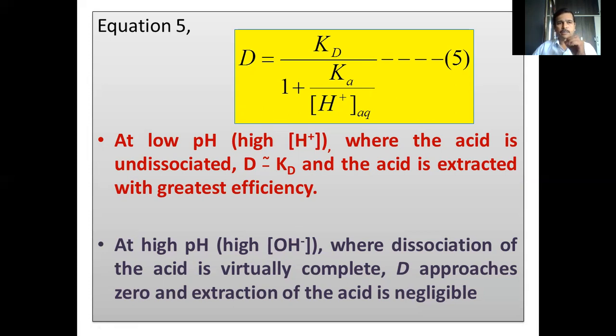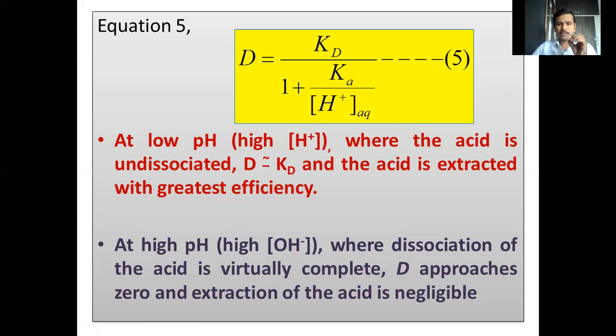So for any carboxylic acid, its extraction efficiency is solely dependent upon the pH. That is expressed by giving the relationship between D and the pH. The D value will become almost equal to Kd if you perform the extraction of that carboxylic acid by maintaining a high hydrogen ion concentration.